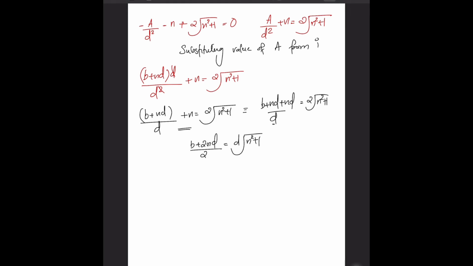I took this d over here and I took this 2 to the denominator.